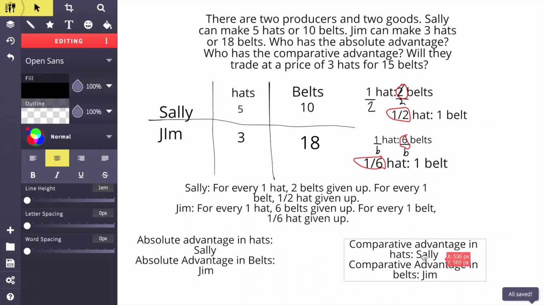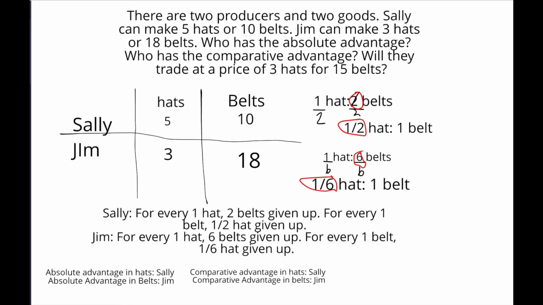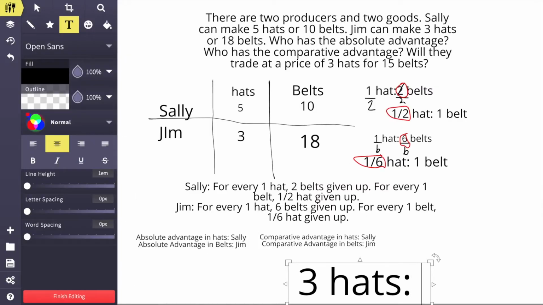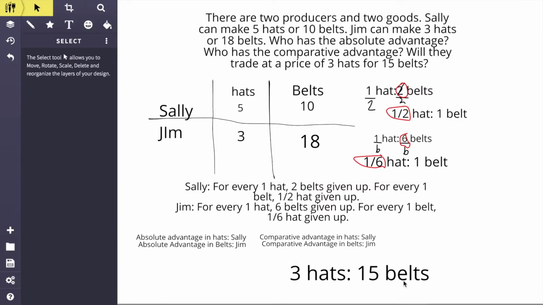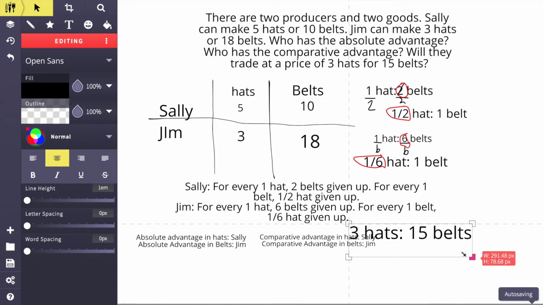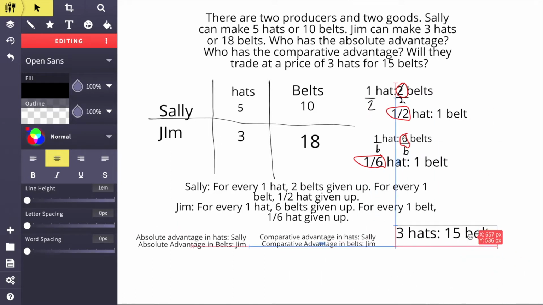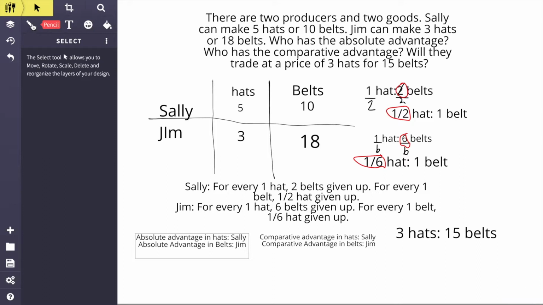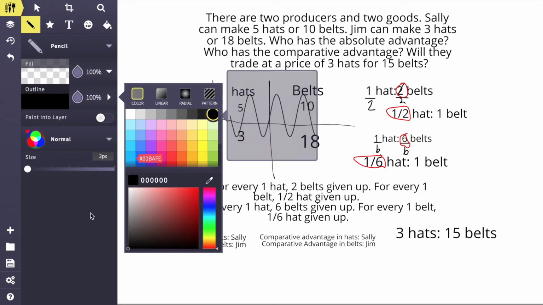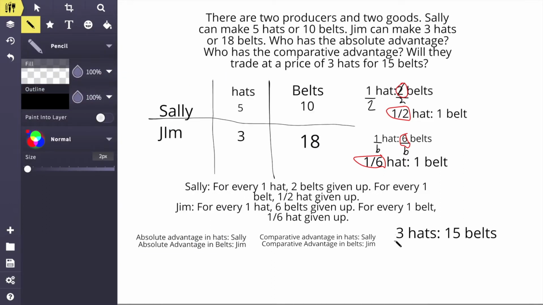In other words, Sally has the lower opportunity cost of producing hats, whereas Jim has the lower opportunity cost of producing belts. Now we know that the price they're given is 3 hats for 15 belts. Now we're going to do the same thing as before and simplify until we get the opportunity cost of 1 hat and 1 belt.